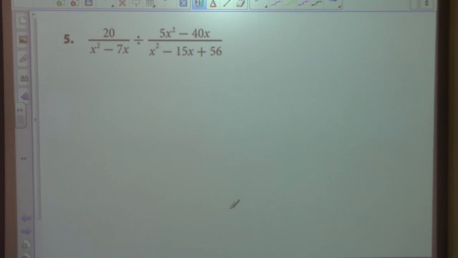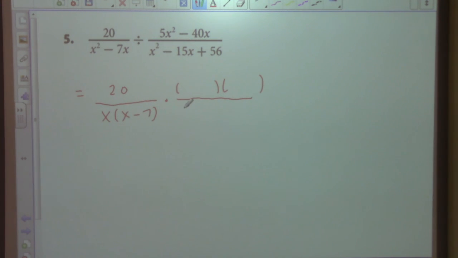Here, Eddie. I'm just gonna rewrite this thing here. I'm gonna rewrite this as 20, and I'm gonna factor this in the new denominator, x minus 7. And then what I'm gonna do is multiply and put the factored form of this one in the numerator and the factored form of this numerator in this denominator.